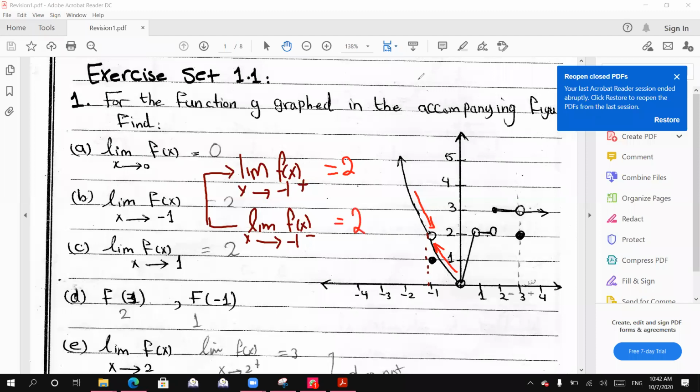Is it clear? How can I find the limit? Yes, miss. Okay, so because they are equal, I can say that limit f of x when x approaches -1 is equal to 2.